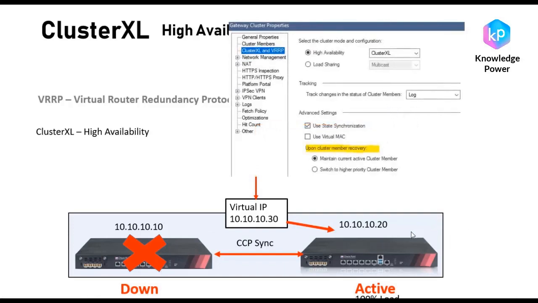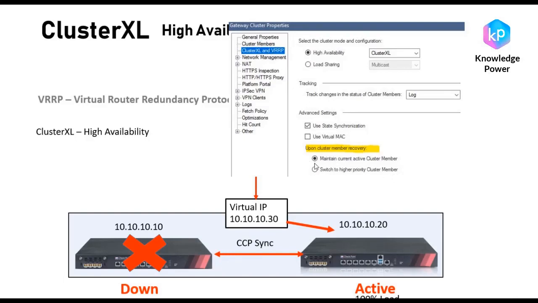So what happens to our device that became active during a failover if that guy comes back to life? We can specify that in our policy. It can actually stay active if we specify maintain current active cluster member, or we can click here, switch to higher priority cluster member, and we define a priority in a cluster members.